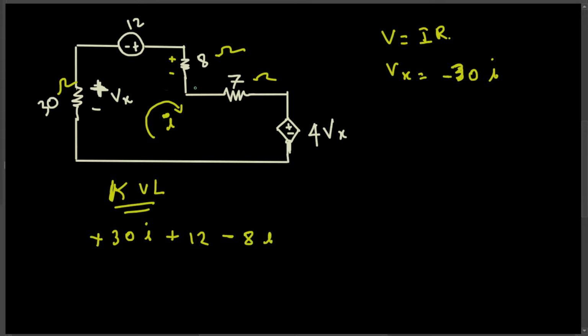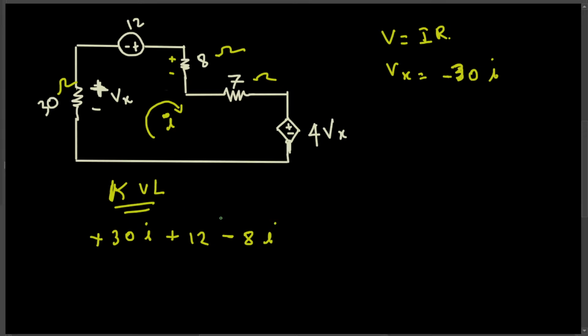Sometimes if it goes from plus to minus they put a negative, and sometimes they put a positive if it's going from minus to plus. It doesn't matter actually, because if you keep up with the sign, that's okay. Here, the reason I am putting plus to minus as negative is because there's going to be a voltage drop. Whenever the current passes through a resistor, there's going to be a voltage drop. That's why I put a negative.